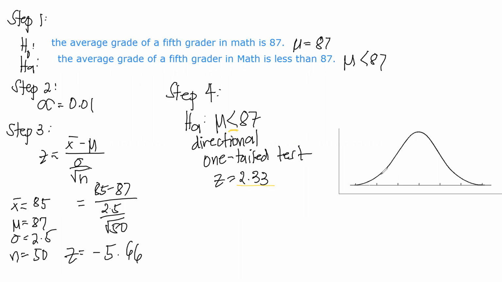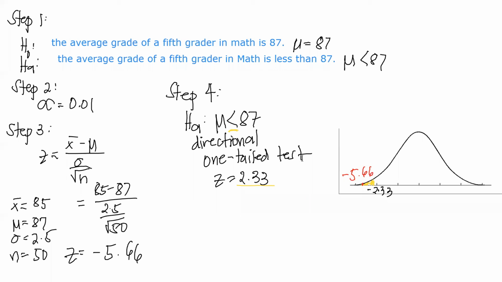So we have 2.33. So this would be here. So this is negative 2.33. Since it's in the left side, it will become negative. And then here would be our test statistic. So that would be negative 5.66.